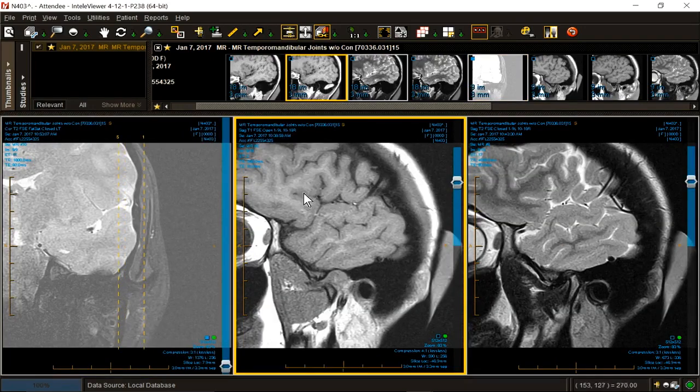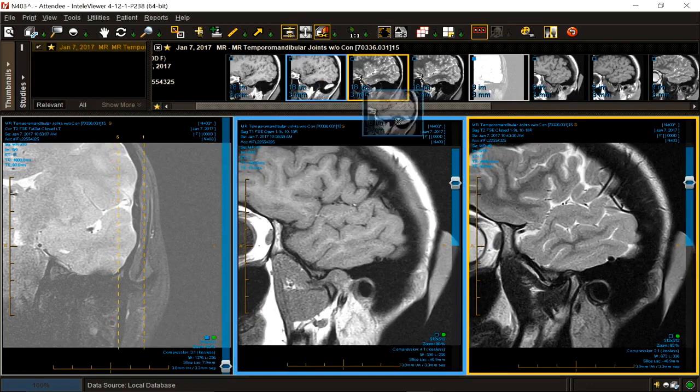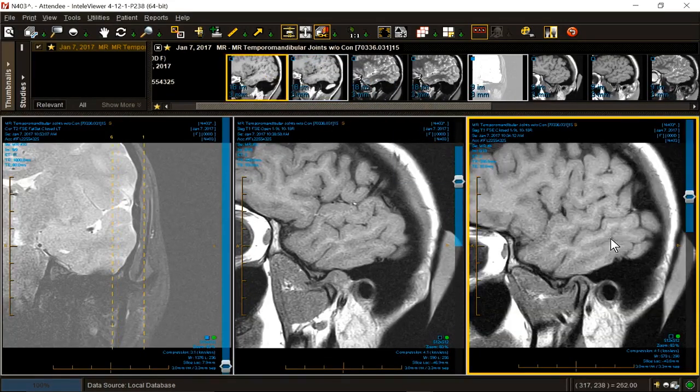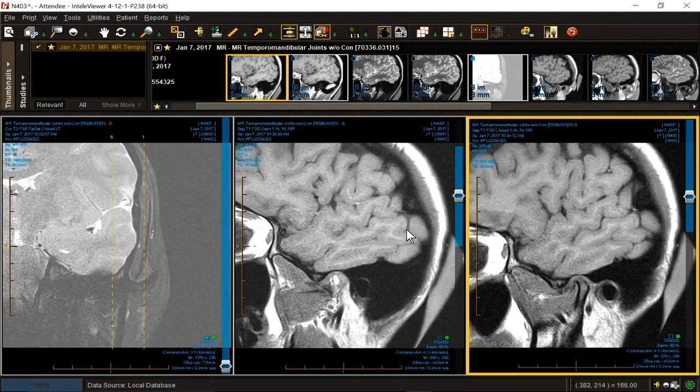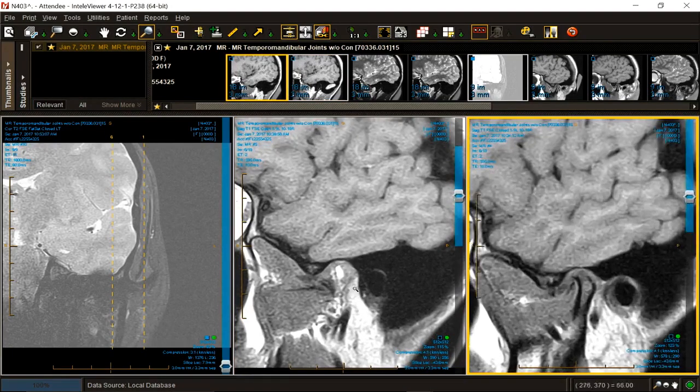I've put up the open mouth, T1, and the closed mouth, T2. Let's see what else we have. It's always nice to have the same sequence. So now I have the closed mouth, T1, and the open mouth, T1, side by side. I'm going to make them bigger. You can if you want.